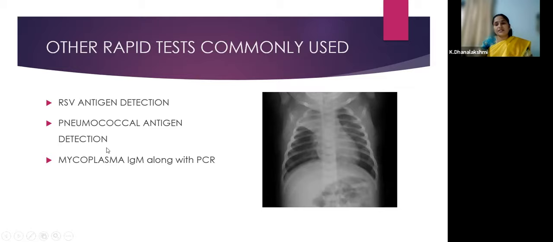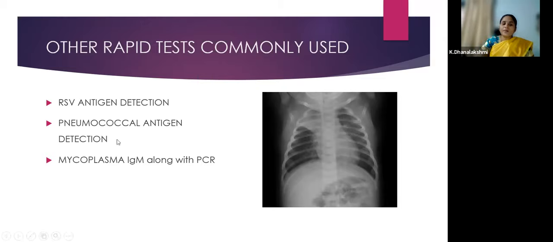Likewise, pneumococcal antigen detection. This pneumococcal antigen testing can be done in any sterile body fluids, like CSF, pleural fluid, or pericardial fluid, and if it is positive, the chance of this being pneumococcus is very, very likely, and we can target appropriately.